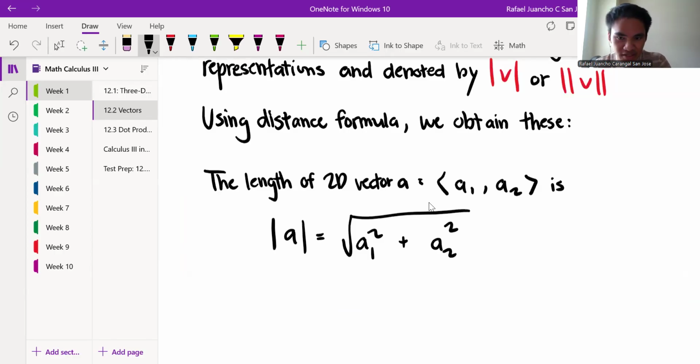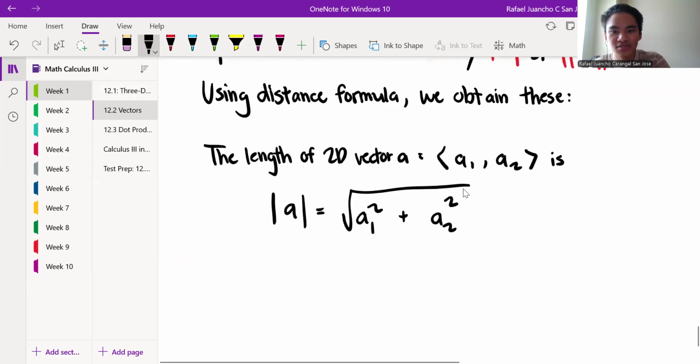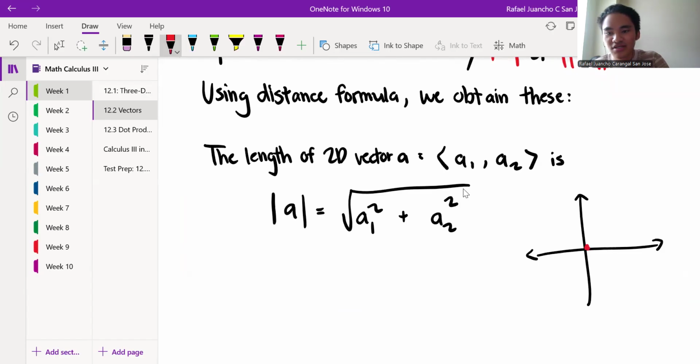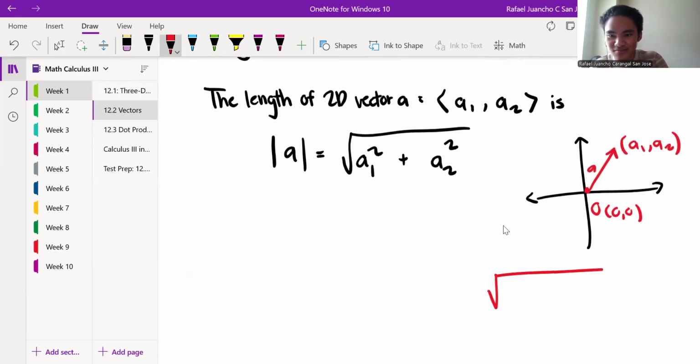And this makes sense, right? Because if this were, let's say, a Cartesian plane, we have this origin here, which is 0, 0. And this is A, which is A1, A2. In the 2D distance formula, this is A1 minus 0 squared plus A2 minus 0 squared.